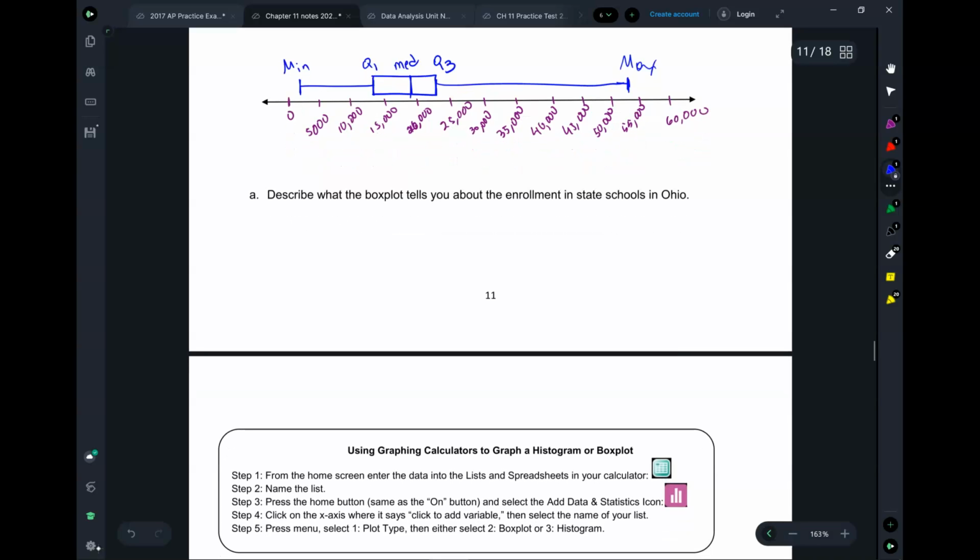So enrollment in a university is concentrated between, you know, like 10 and 25,000.